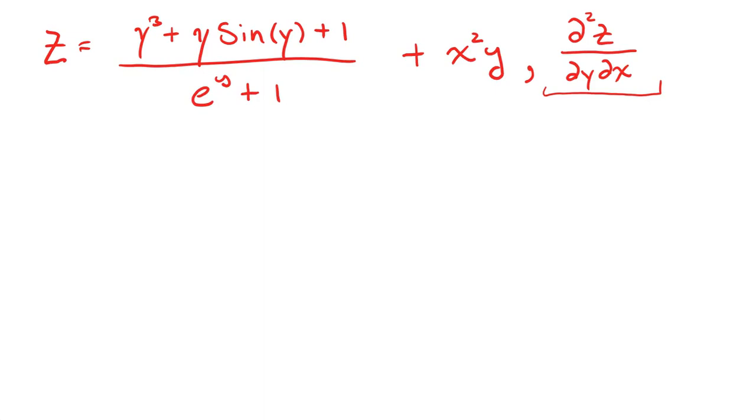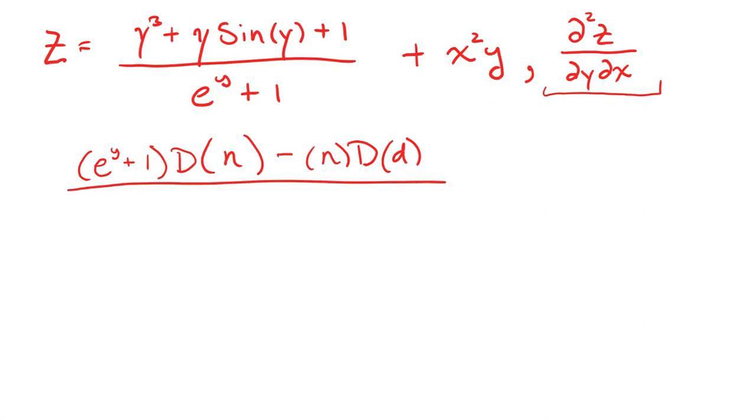And we also know that if we were to take the derivative of this with respect to y, then what we would do is we'd take the denominator and multiply that by the derivative of the numerator, and I will just write the numerator using n, and then minus, that would be low d high minus, that would be the numerator times the derivative of the denominator, and then that would be over the denominator squared.